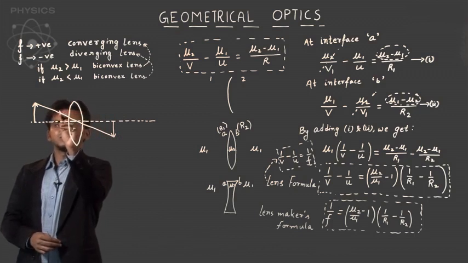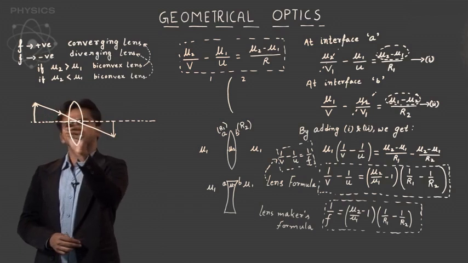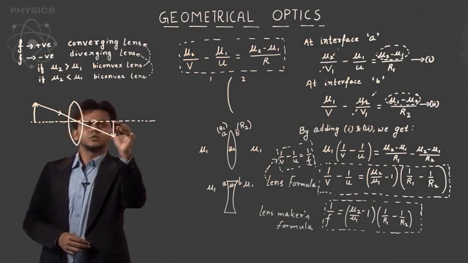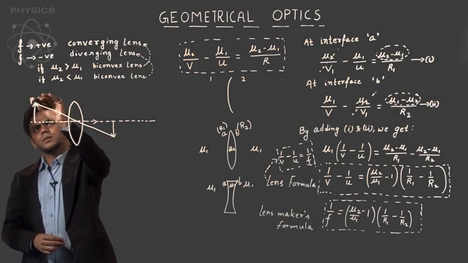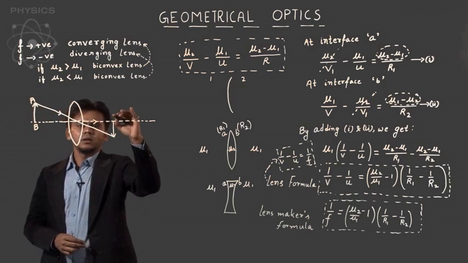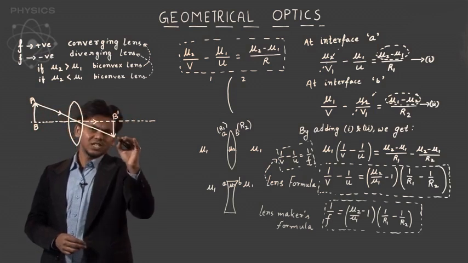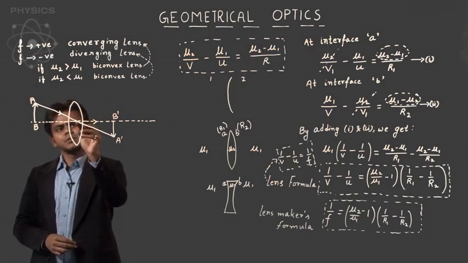This is one ray which is traveling without refraction, and the other ray could be like this without refraction. So if this is your A and this is your B, this could be B dash and this could be A dash, and this thing over here is your O.